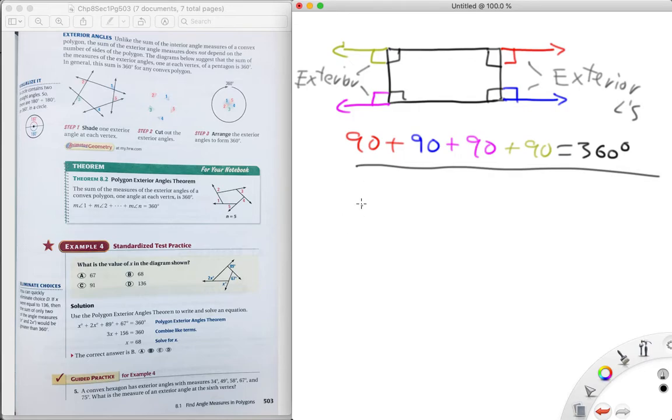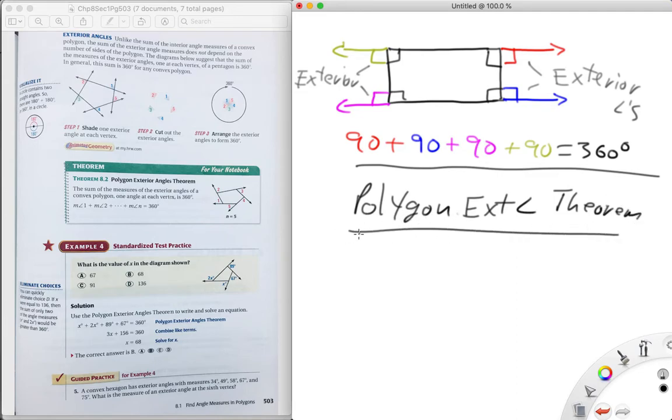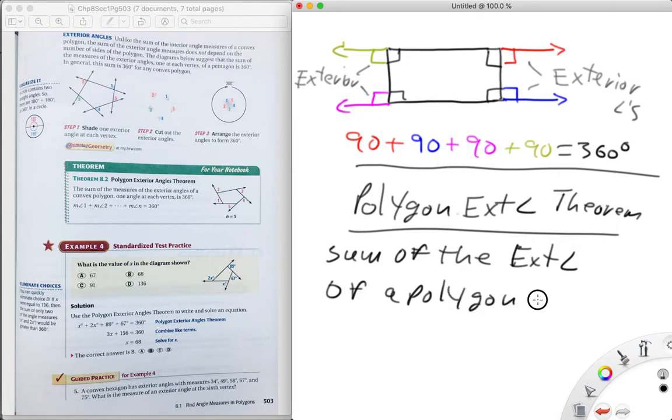This is the polygon exterior angle theorem, which says that the sum of the exterior angles of a polygon equals 360 degrees. Okay.